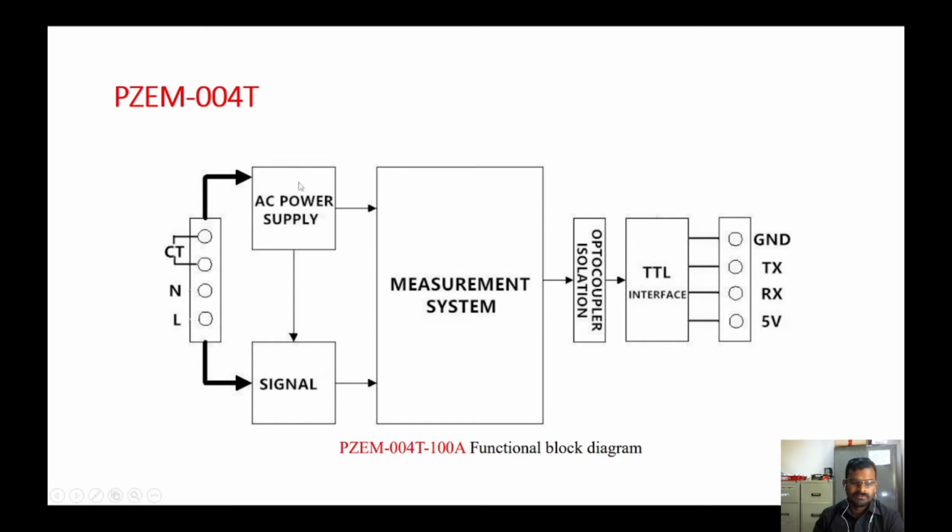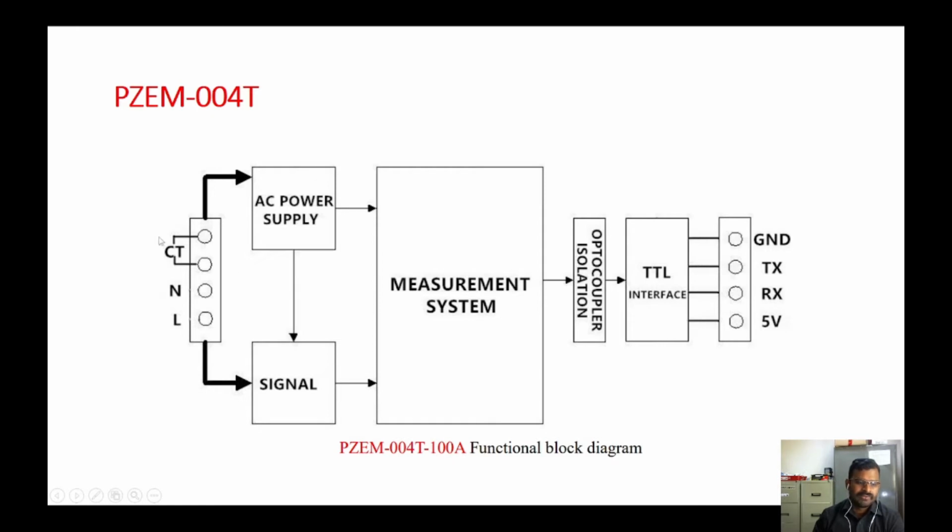I need to give the voltage as well as the current signal to this energy sensor so that it can measure this voltage and current, do the calculation inside, and later give us the various electrical parameters.